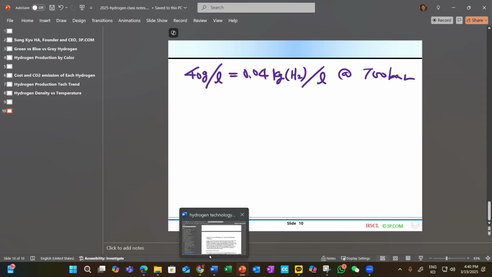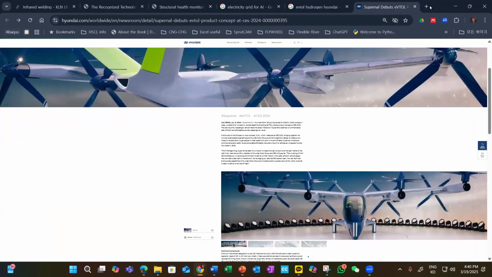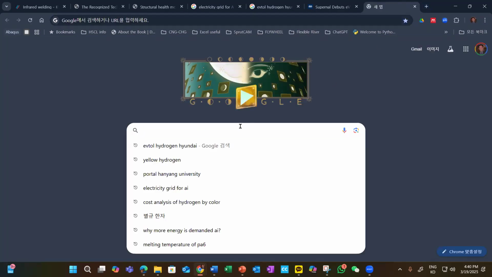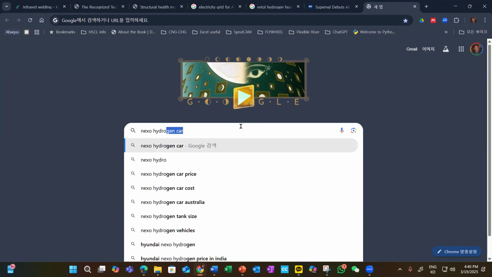You may have found some information through your homework. Let's get back to some reference: the hydrogen car Nexo, the hydrogen tank and the volume.